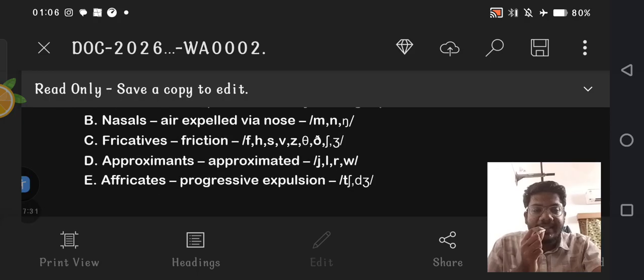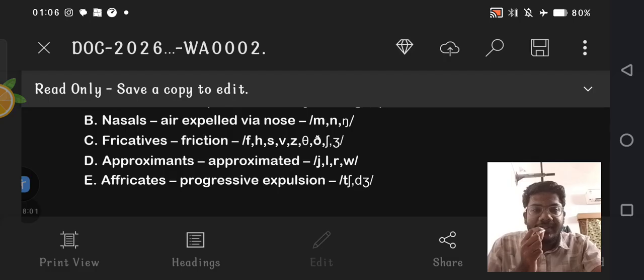Approximants. Approximants are consonant sounds which are approximated without any contact in the articulators. So these are y, r, w. So the articulators are not very much in contact and hence they are approximated. Then affricates.